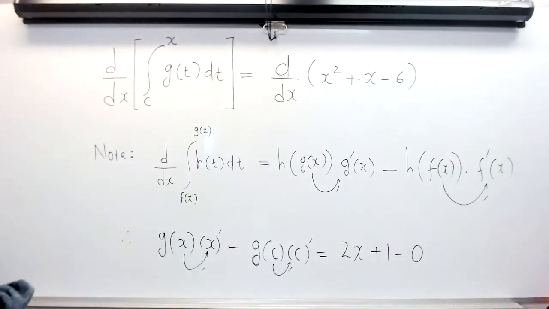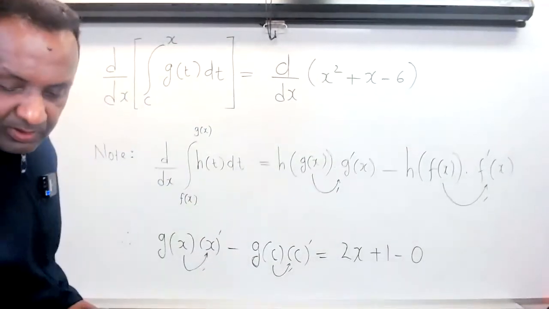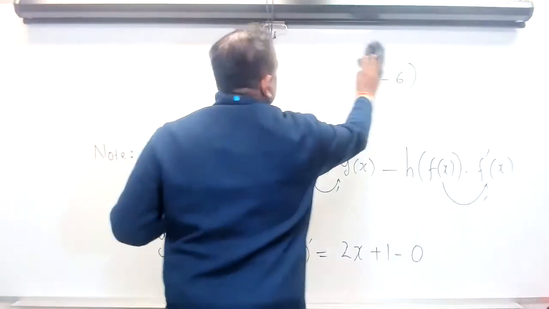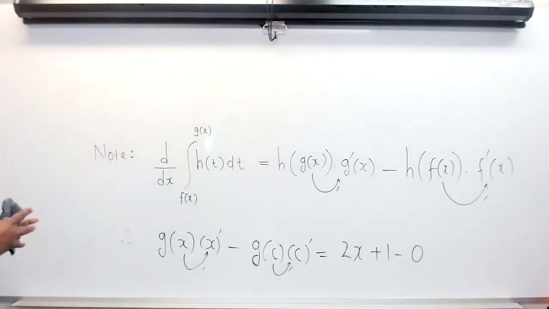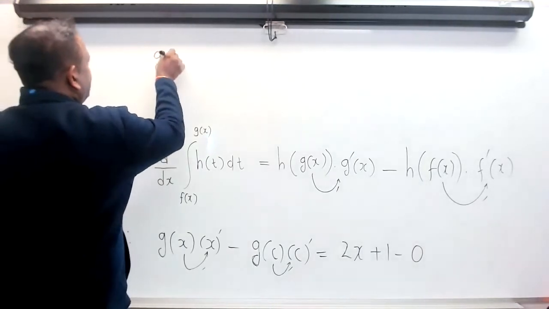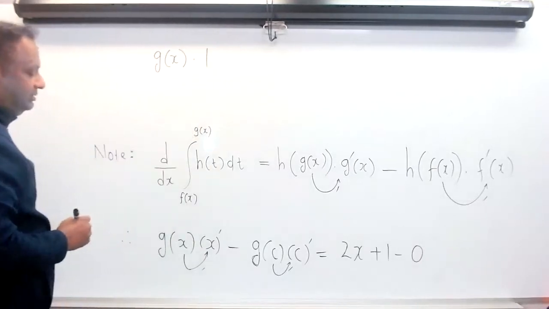Now you know the derivative of this one, g(x). The derivative of x is 1 with respect to x.